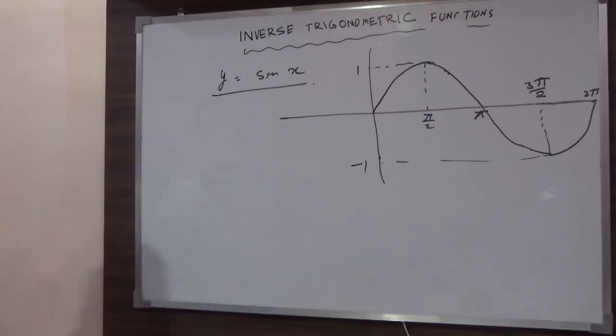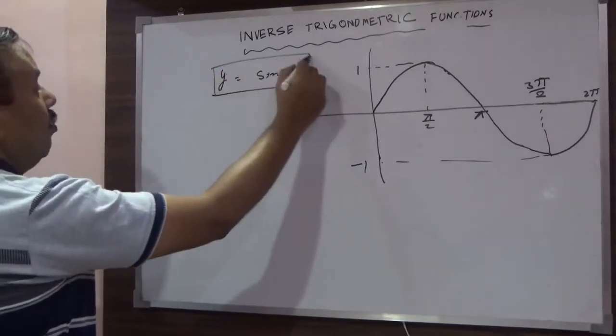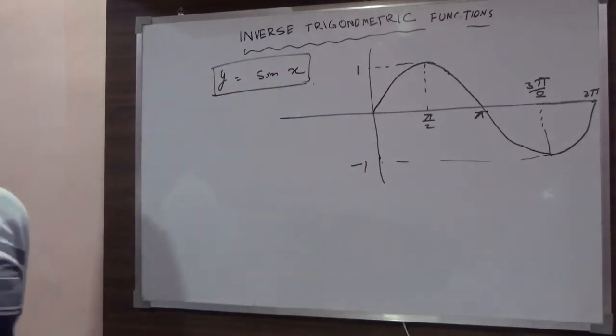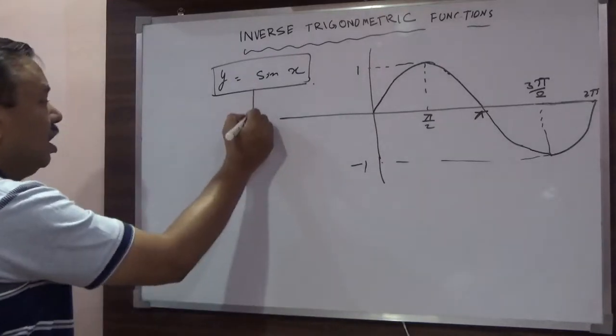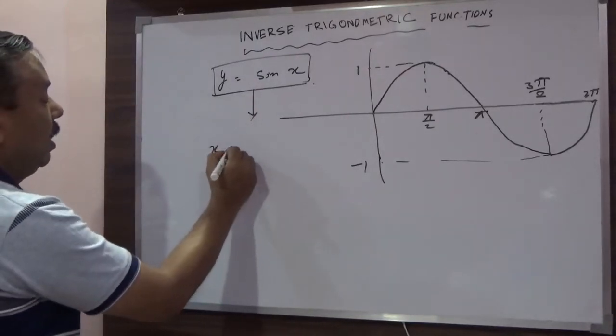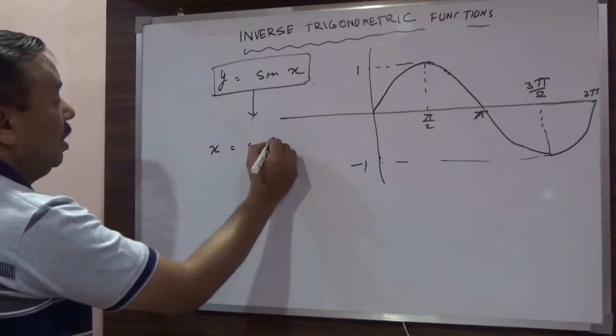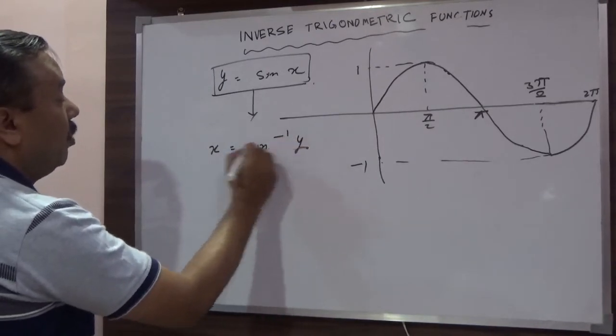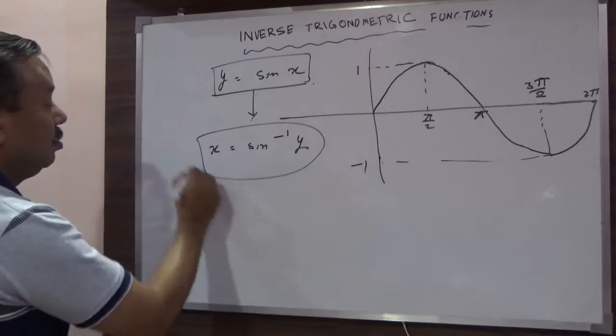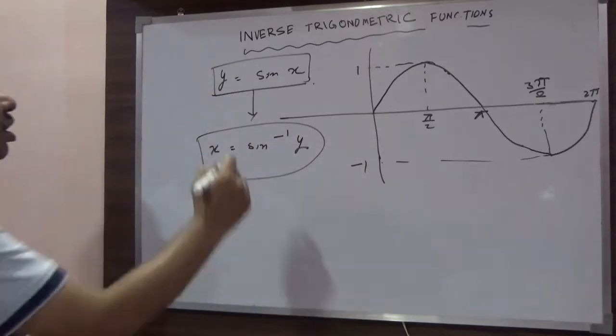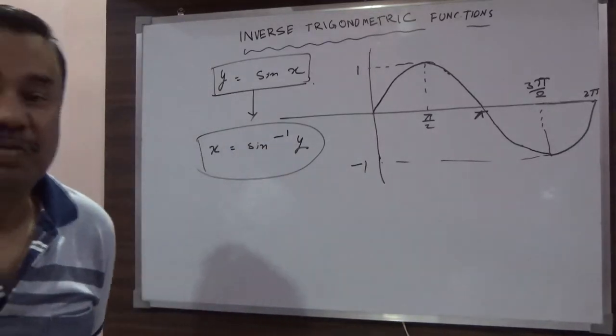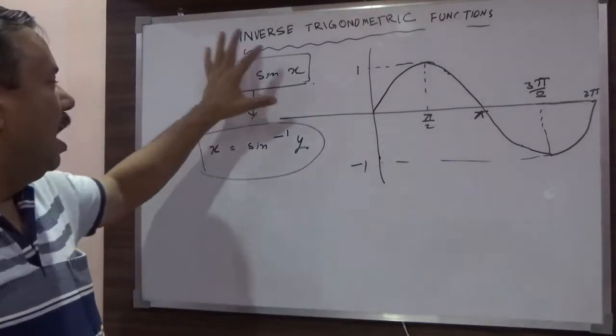But if I say y is equal to sine x inverse, what does it mean? It means that x is equal to sine inverse of y. This is the inverse function, so obviously I am just reversing.